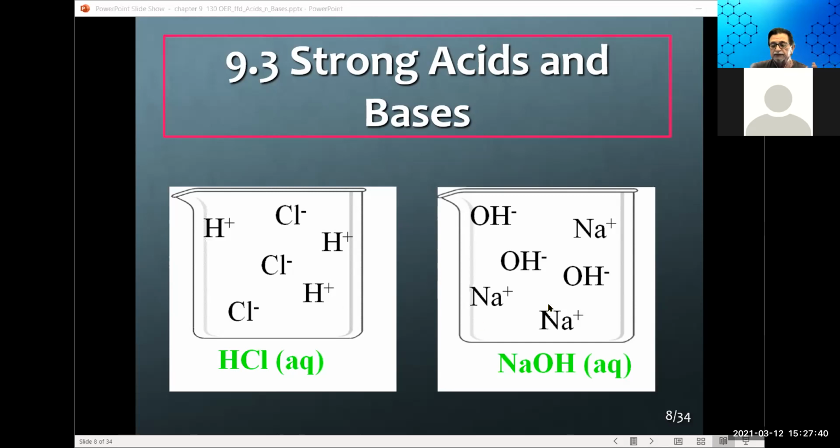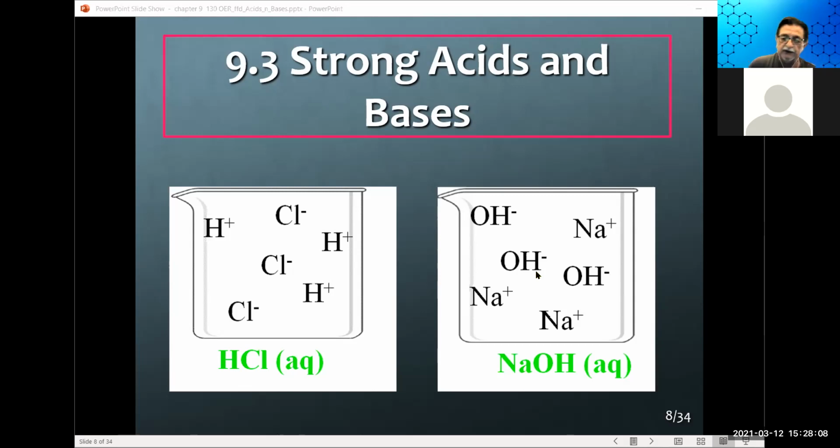On the right depicts a strong base. Again, 3 or 4 pairs of ions. Here we got 3. The sodium ion with the charges and the respective 3 hydroxide ions. Okay, that demonstrates, again, they're completely dissociated, they're not together. 100% dissociation, that depicts a strong acid.